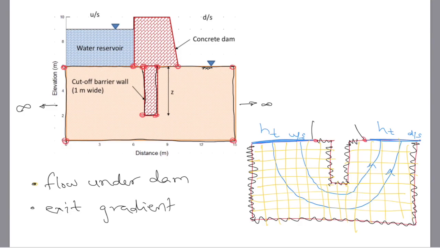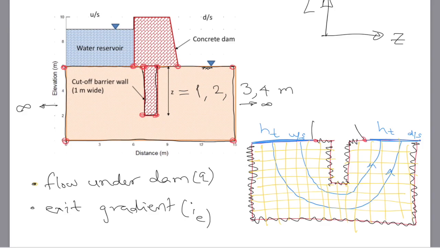And we are going to create multiple models for z equal to 1, 2, 3, and 4 meters, and plot two plots of z versus flow rate under the dam, and z, or the depth of cutoff, versus the exit gradient. Okay, to see how increasing the depth of the cutoff here is going to affect the amount of water that's going to flow under the dam and the exit gradient.